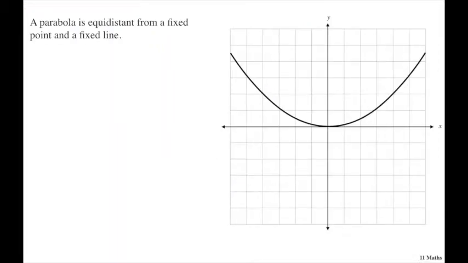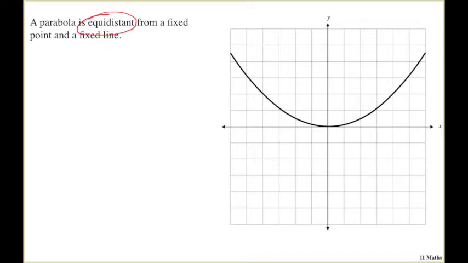Well, let's just go back over what we know. We can draw a parabola on a graph, and we do know that the parabola is equidistant. That's what equidistant means. It has the same distance from any fixed point to a fixed line.